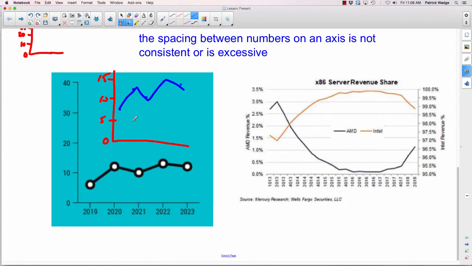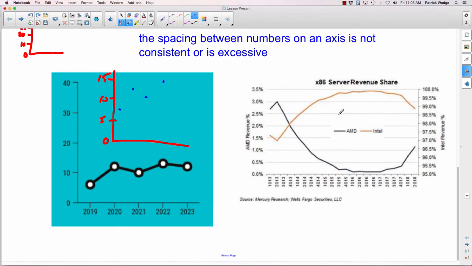This gives you a different impression. This is making it seem like it actually is increasing more dramatically than the one here shows. Now it's a bit of a trade-off, because if you did too much of this, if you went up 1, 2, 3, 4, 5, you're going to end up with a graph that looks like something like this, and that's probably misleading as well. So it is a bit of an art to make a graph that's not misleading in any way.